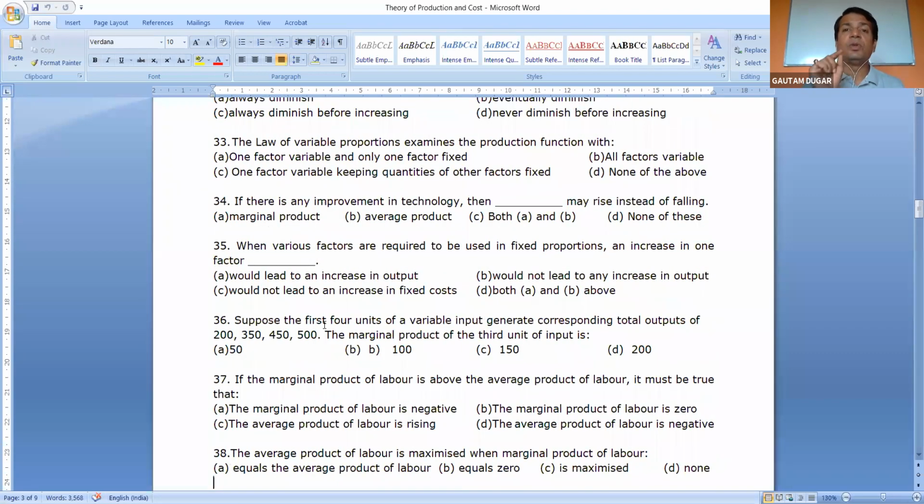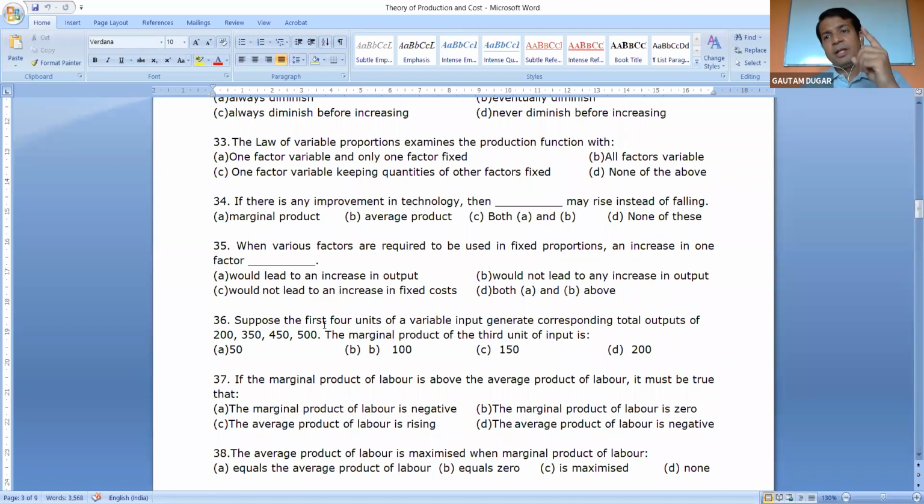Next, coming to 34, if there is an improvement in technology, now obviously for these type of questions you must know the assumptions of the law of variable proportion. One assumption is the state of technology should remain fixed, that is, unchanged. Suppose with one land and one labor, we started the production.